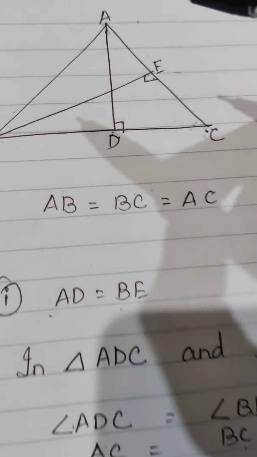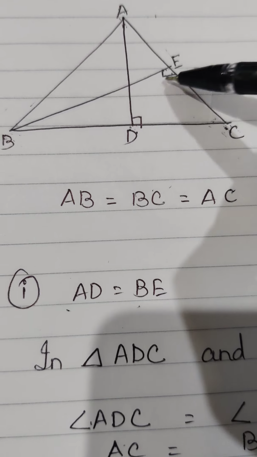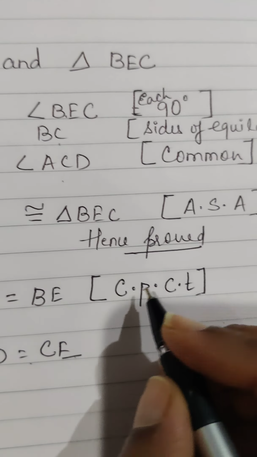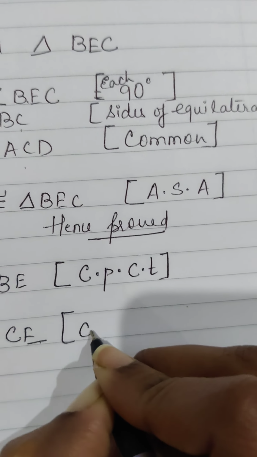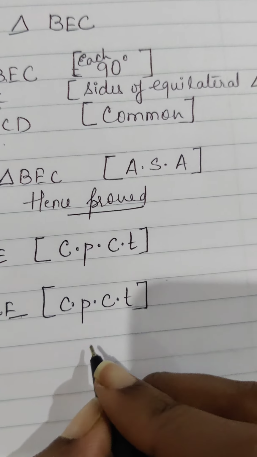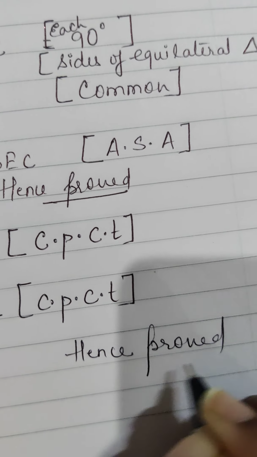Now, BD, that means this one, is equal to CE, that means this one. BD is equal to CE we can write because that is corresponding parts of congruent triangles. So both we have proved, we can write hence proved.